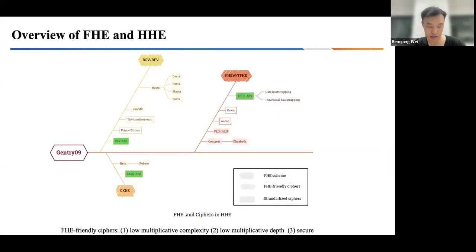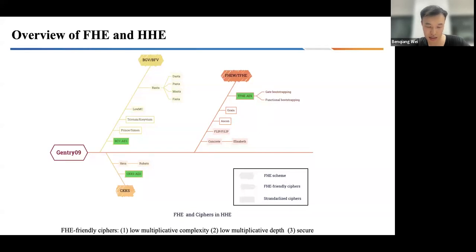Currently, there are two research directions in the HHE community. First, we can choose well-studied and standardized symmetric algorithms such as AES, but due to its deep multiplication depth, AES is generally not considered suitable for HHE frameworks.